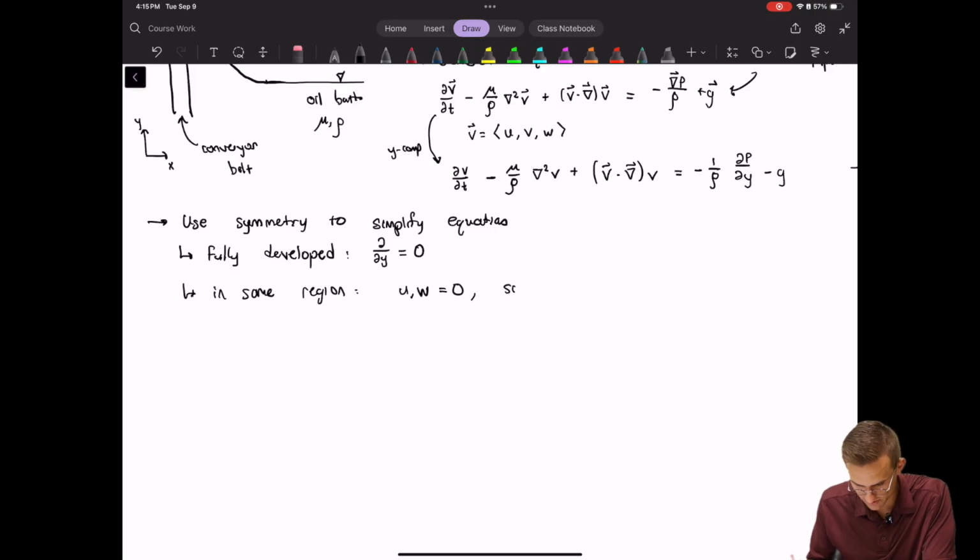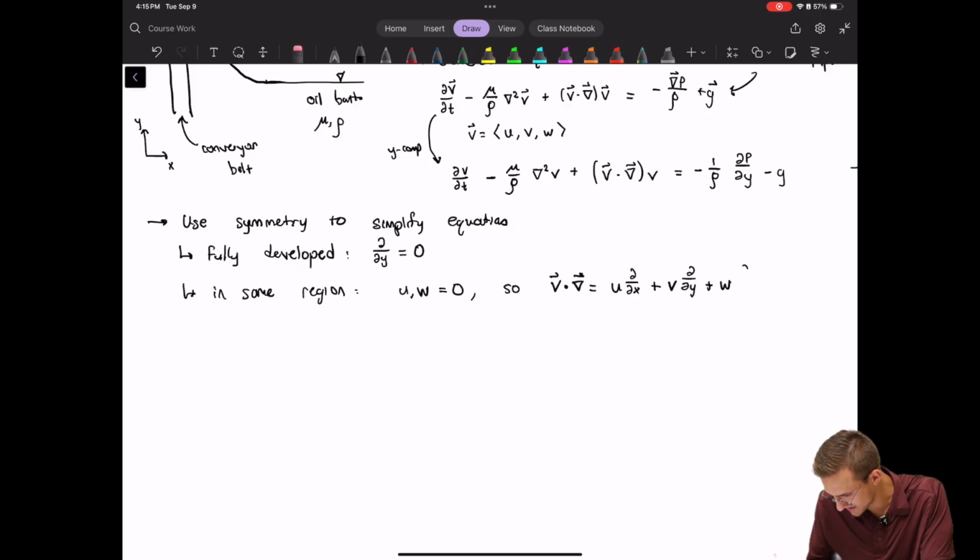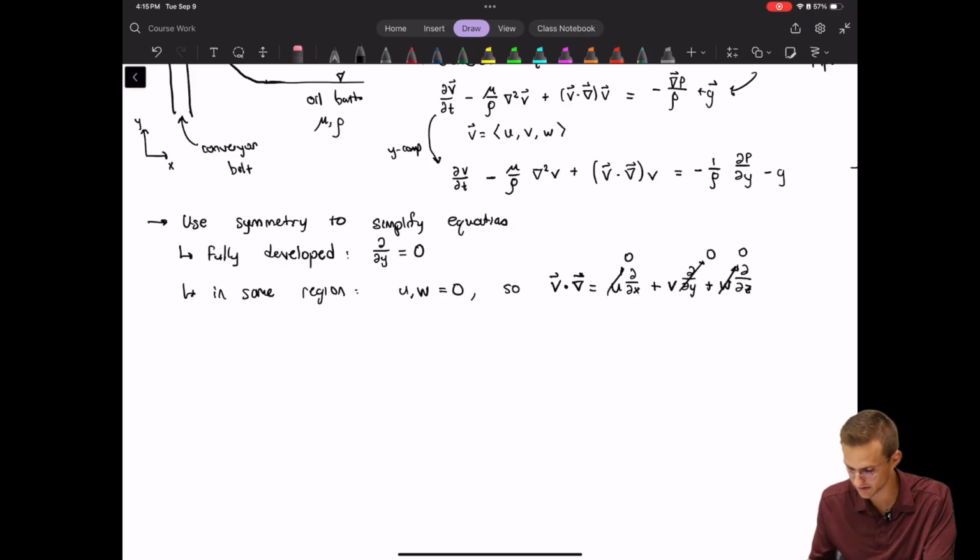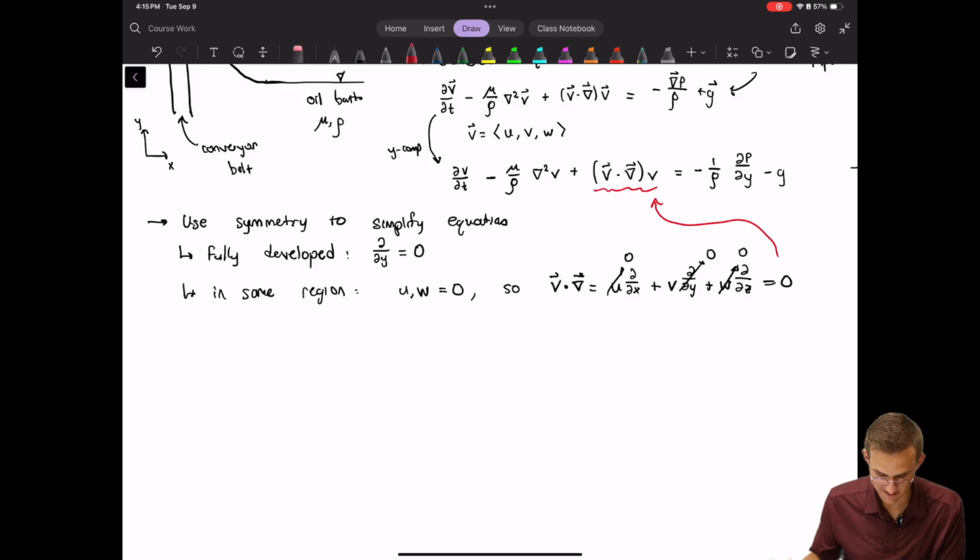So if we were to look at this operator, the dot product of v with the gradient, it ends up being equal to u times d by dx plus v times d by dy plus w times d by dz. Okay, so we just said that d by dy is equal to 0. And we know that w is equal to 0 and u is equal to 0. So this whole thing is equal to 0. So this middle term here is going to go to 0 because of these two symmetry arguments.